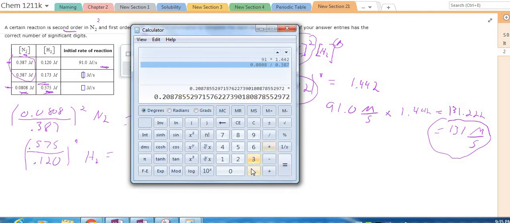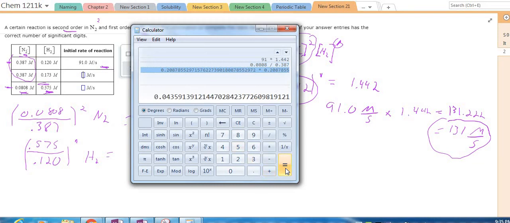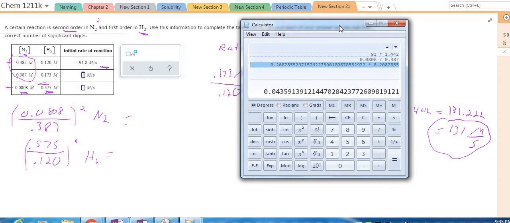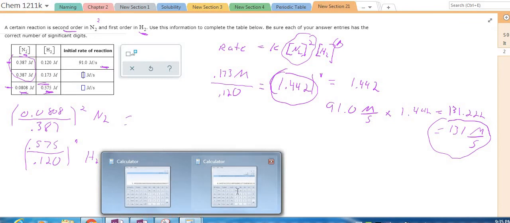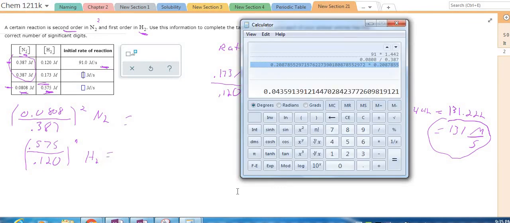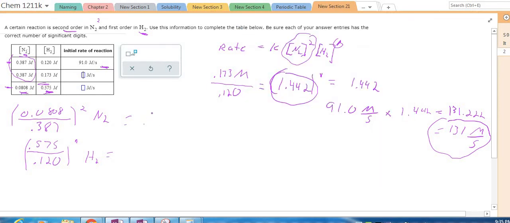We'll just give it 0.2087855, that's enough digits right there. So the magnitude of that change is going to be 0.043591. Okay, so that's for the nitrogen.